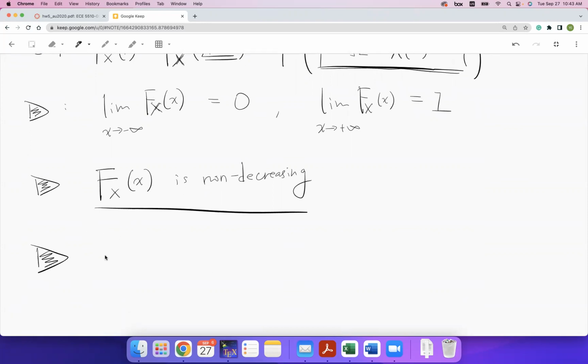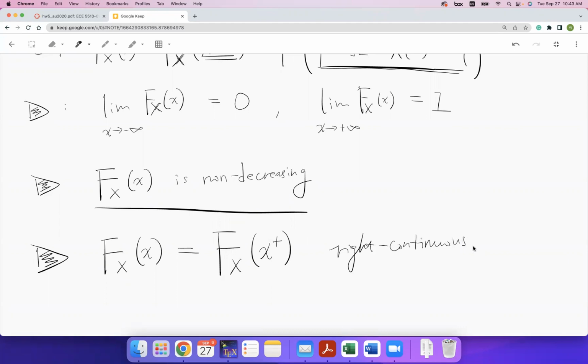And the third property is that the CDF function is always right continuous. It may not be continuous, but it is always right continuous.